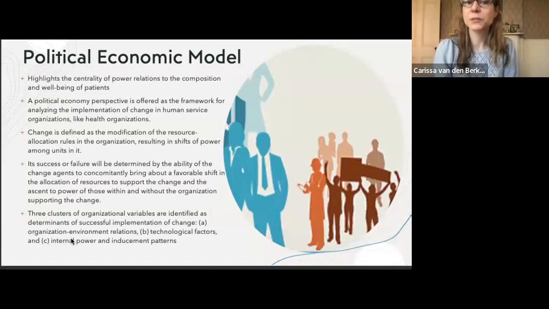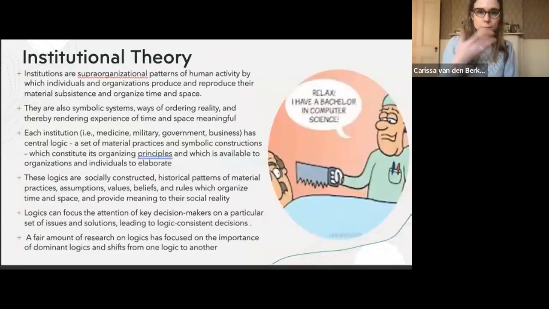But there are also internal power and inducement patterns. With the political economy model, I think right now we also think, to a large degree, in terms of institutional theory. The two often go hand in hand, and this is to a large degree because certain institutions have more leverage and power than other institutions.